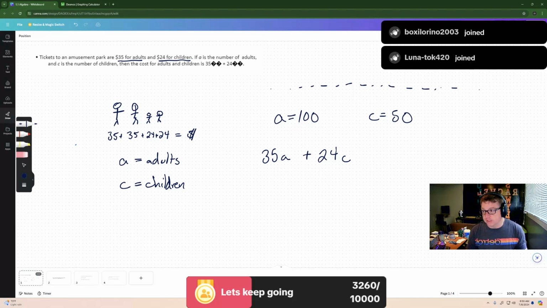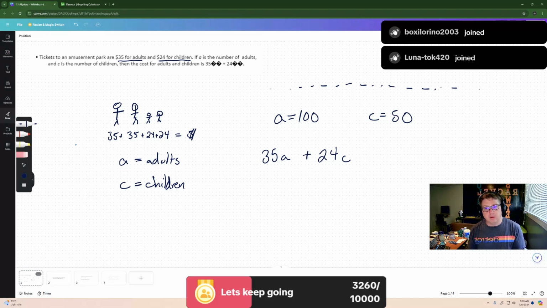Even though you're reading story problems, think about how to solve this mathematically, and come up with a solution that's easier than 35 plus 35 plus 24 plus 24 plus 35 plus 20. You could do that all day.